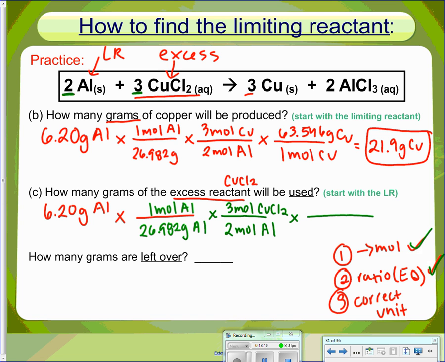And notice it's asking for grams of the excess, so I need that last step converting to the correct unit, which is grams. For every 1 mole of copper 2 chloride, the mass is 134.452 grams. Solving, rounding to 3 sig figs, I get 46.3 grams of copper 2 chloride.